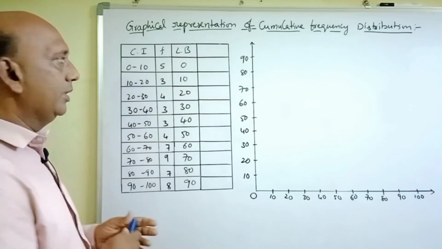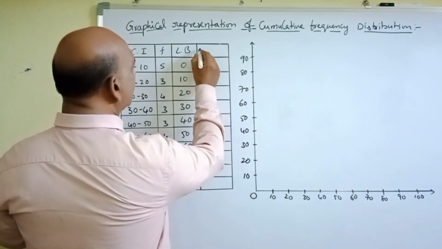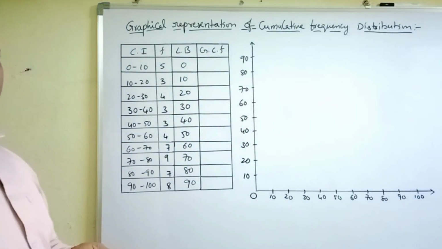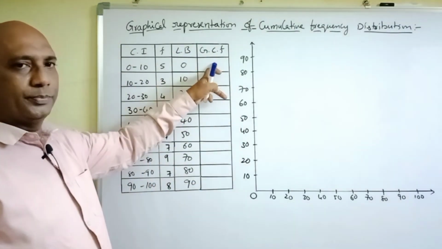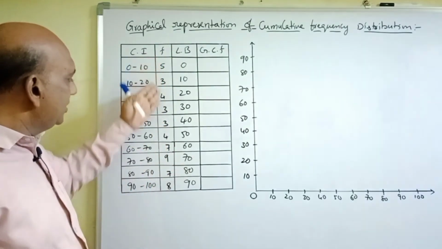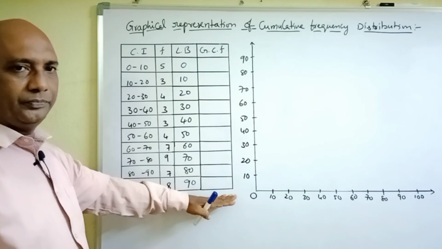This column we denote as greater than cumulative frequencies. To get the greater than cumulative frequencies, take lower boundaries and add these frequencies from the lower.